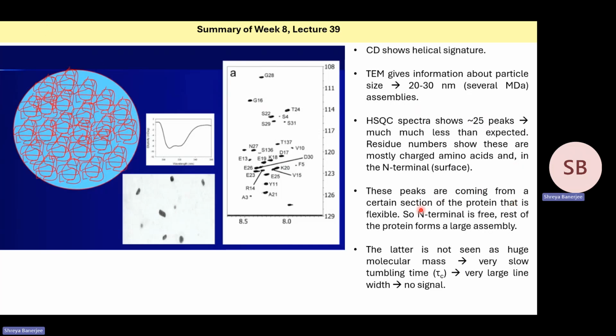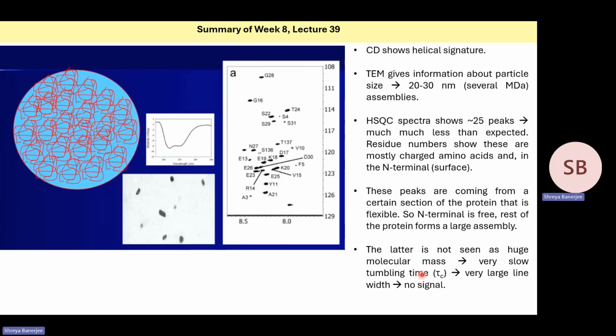These peaks seen in the HSQC are coming from certain sections of the protein that are flexible, which, like I said, are exposed to the surface. The rest of the protein you will not be able to see through HSQC.